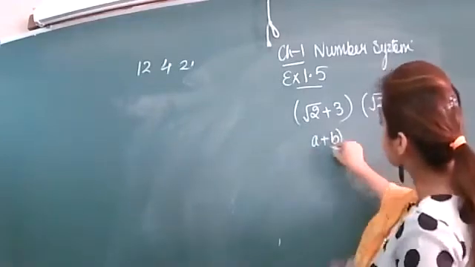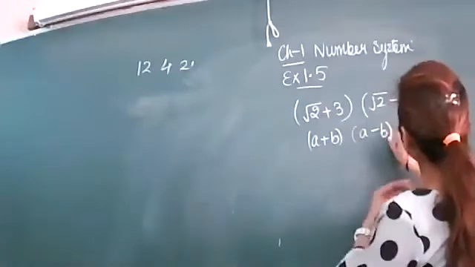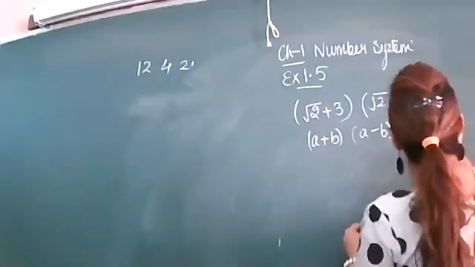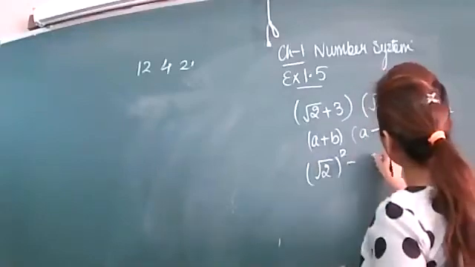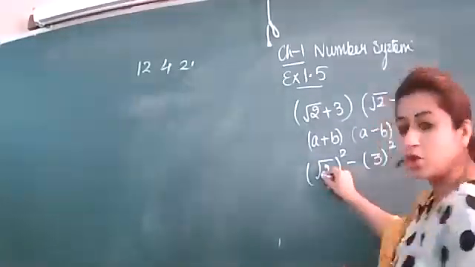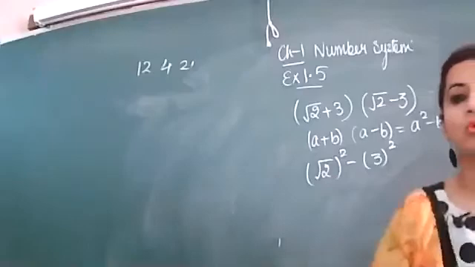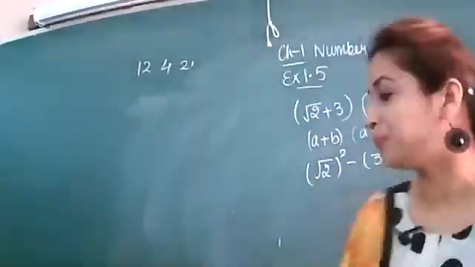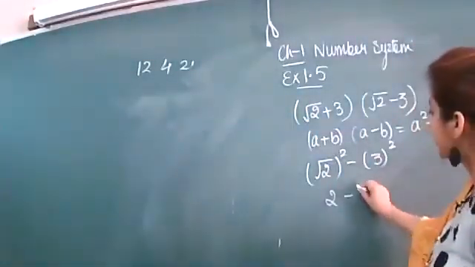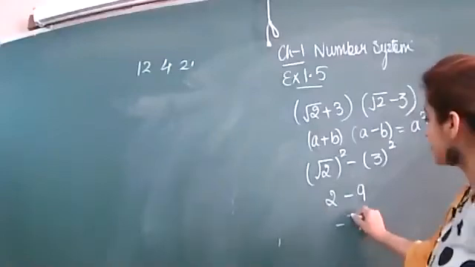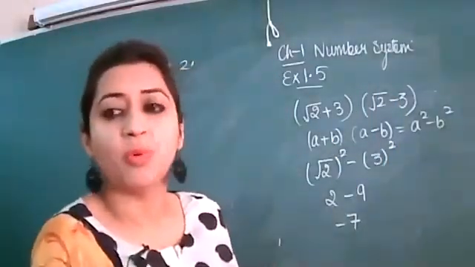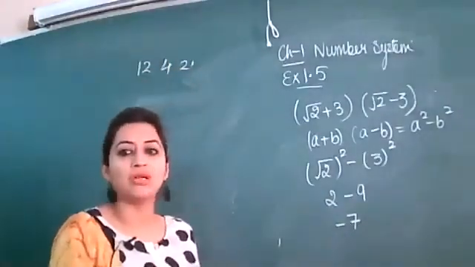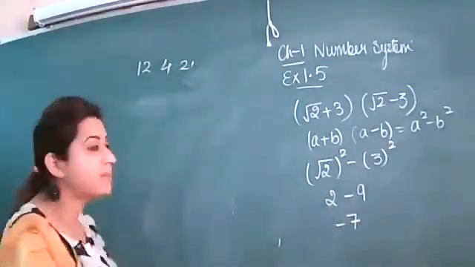This is your a plus b, a minus b, that is equal to a square minus b square, that is root 2 square minus 3 square. Root 2 square means root 2 into root 2, that is 2. 3 square is 9. So answer will be minus 7. Got it? So if it is possible to apply the formula, you will apply. Otherwise, you can simply multiply.